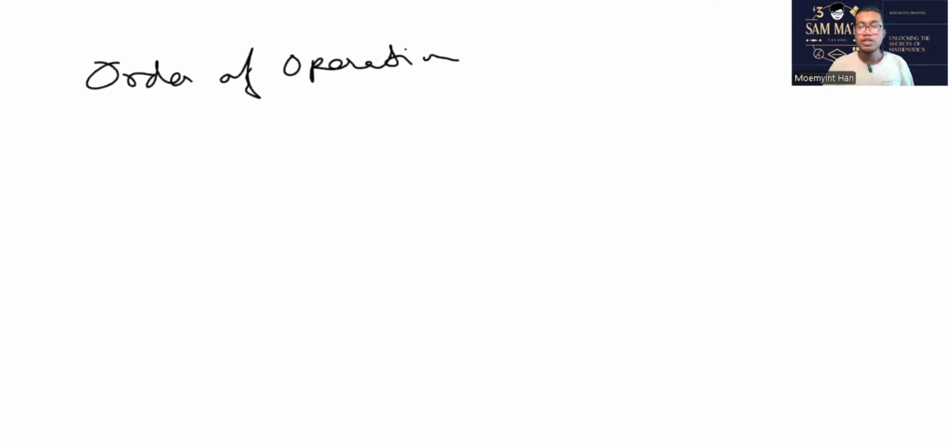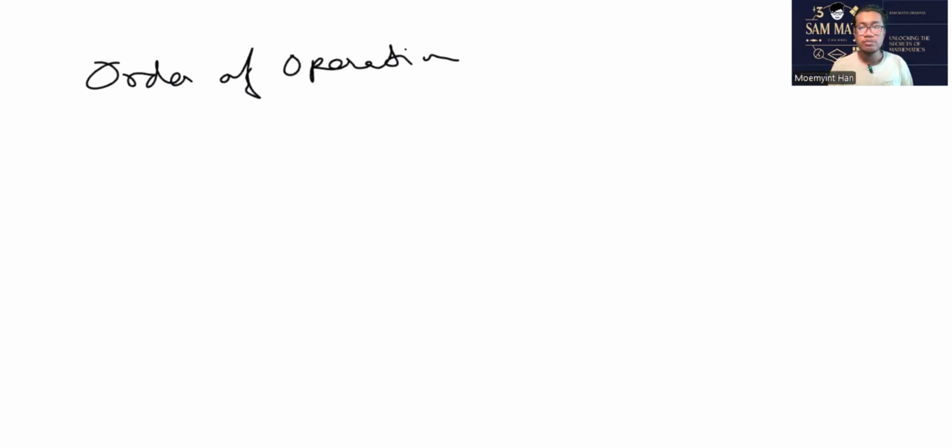Order of operation is in which order we're supposed to do things when we encounter an expression that has various kinds of operations. What should we do first? What should we do later? How does it work?